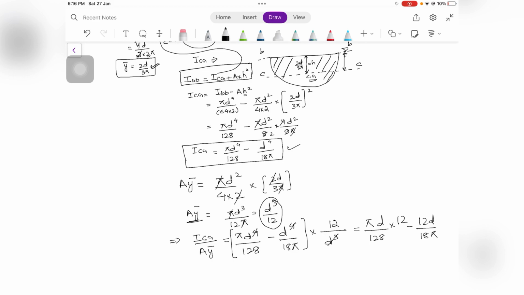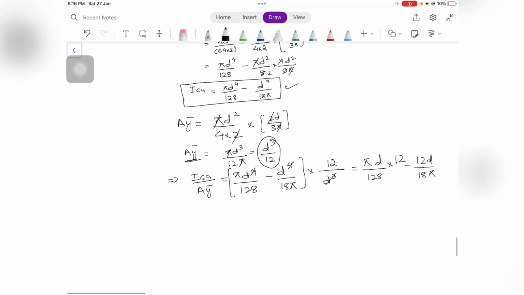All right, so let us simplify this factor.